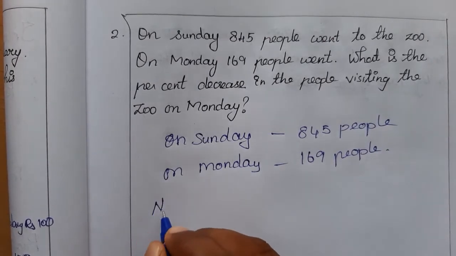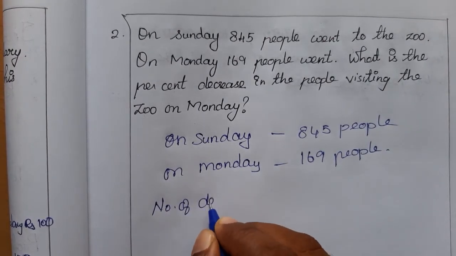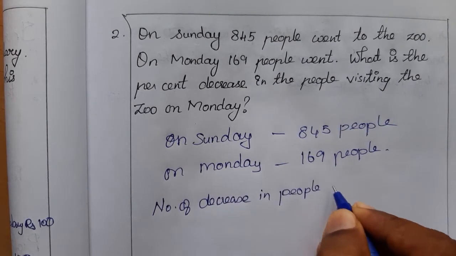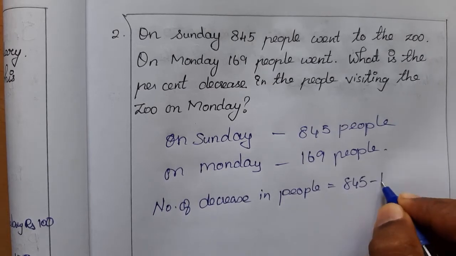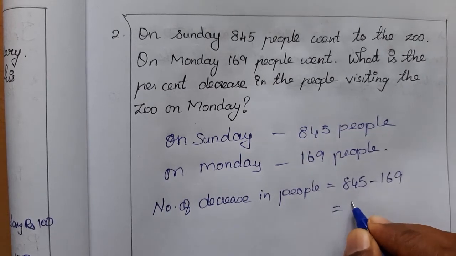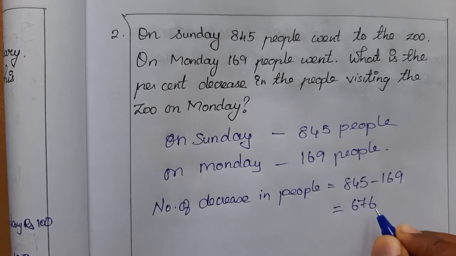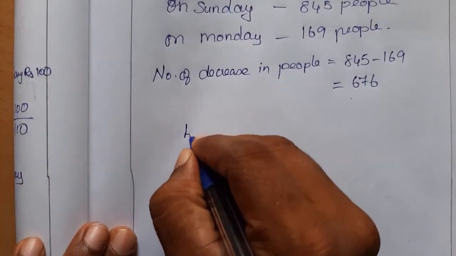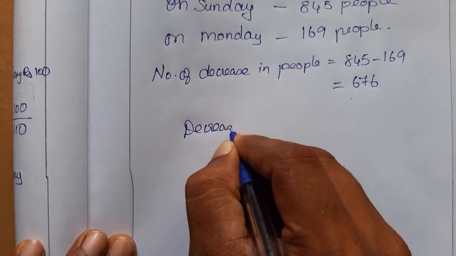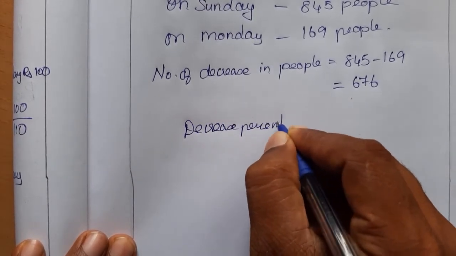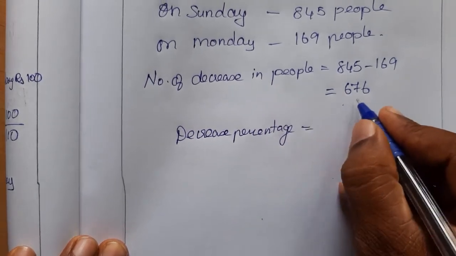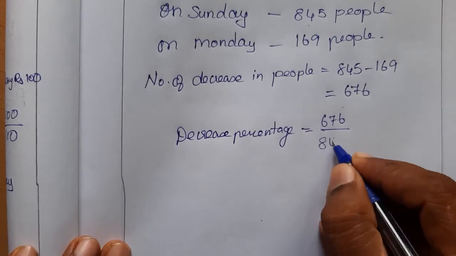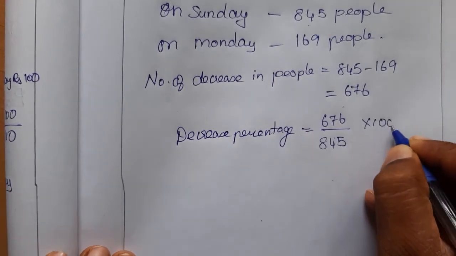So the number of decrease in people is equal to 845 minus 169. We need a difference, right? So that's why it will become 676. Clear? So then we can write the decrease percentage equal to the difference, 676, divided by the original, that means day one, 845, into 100.